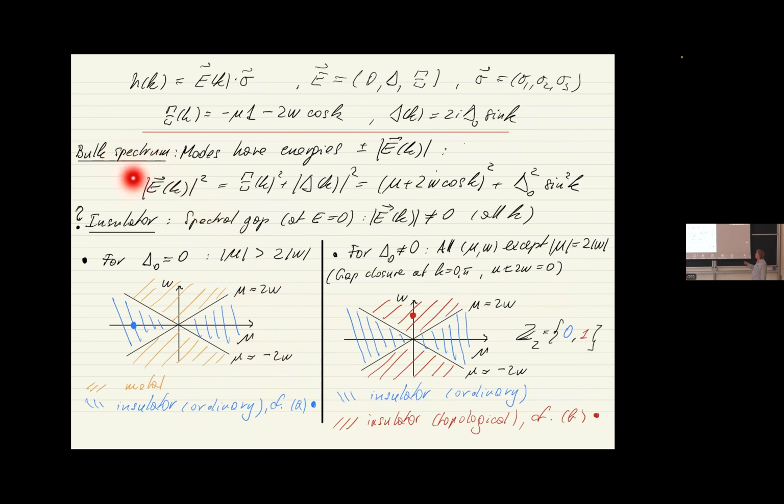So we can compute the bulk spectrum, and more precisely, we compute the spectrum of the overall loop of the Hamiltonian. We should call the corresponding eigenstates modes. The modes have energies, and in fact, a mode is a pair of the two, plus and minus. And what are the eigenvalues of such a linear combination of Pauli matrices?